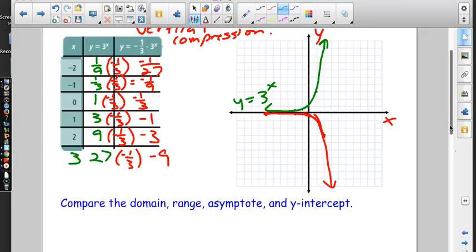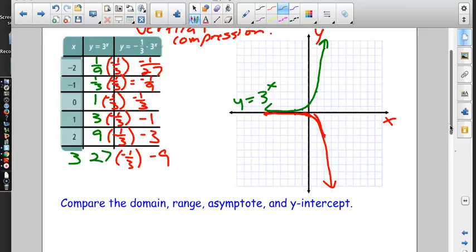Write that equation y equals 3 to the x up there. So before you did any of that negative 1/3, the graph would look like that. Again, it's hard to tell the compression. If you look at this and you think squish it and flip it, yeah, it's a little wider. But we can see that.